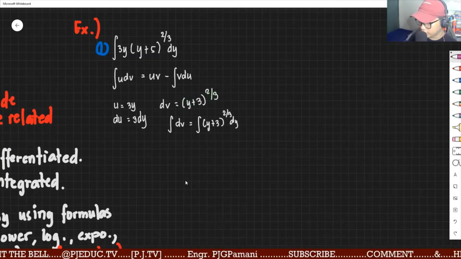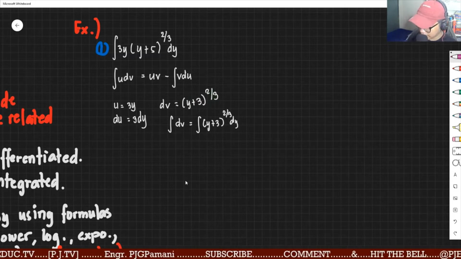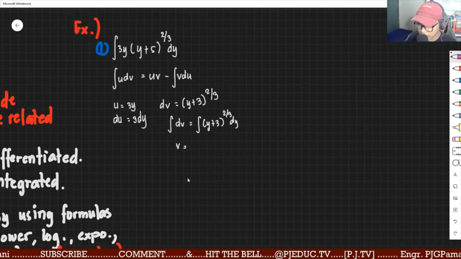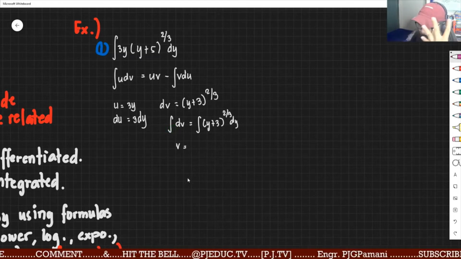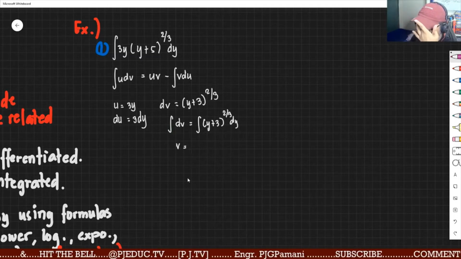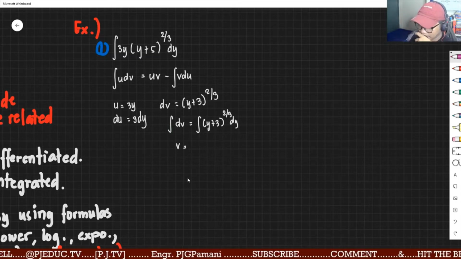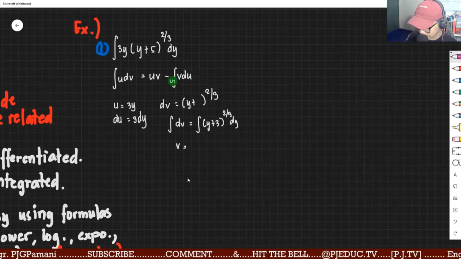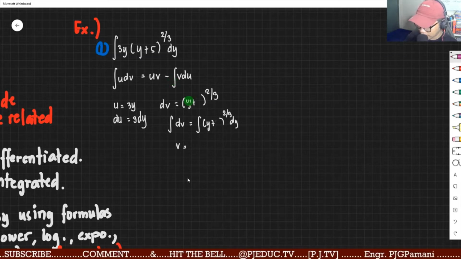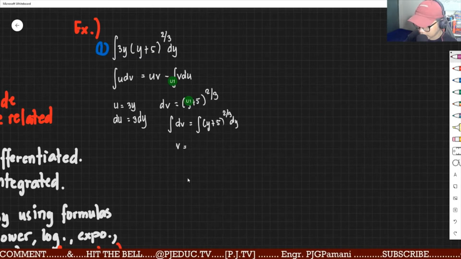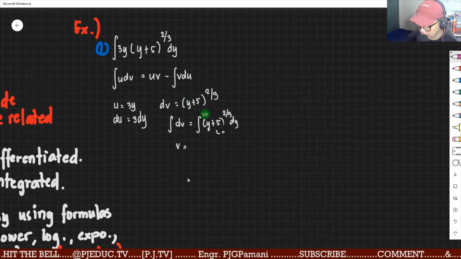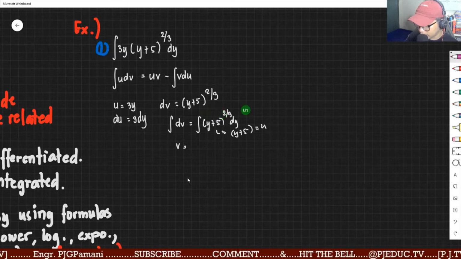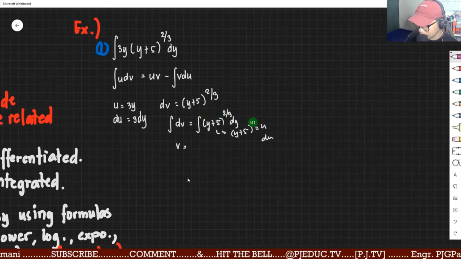If we introduce that integral sign, again, you are asked to apply your basic knowledge from the power formula, logarithm, up to inverse trigonometric functions. So the integral of dv is simply v. The integral of (y plus 5) raised to 2/3: if we let u be y plus 5, its differential form is simply equal to dy.